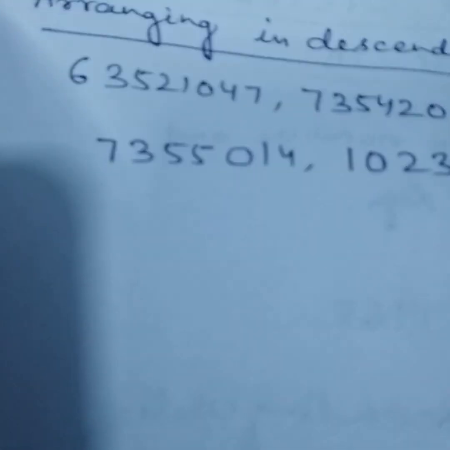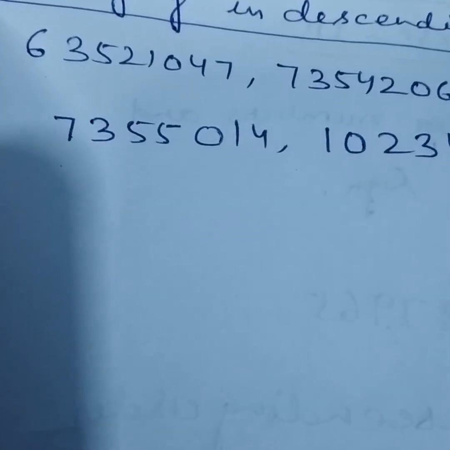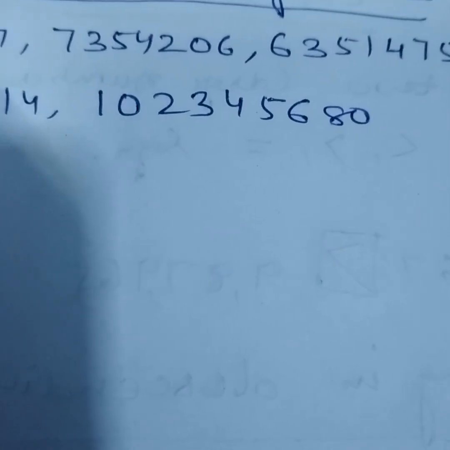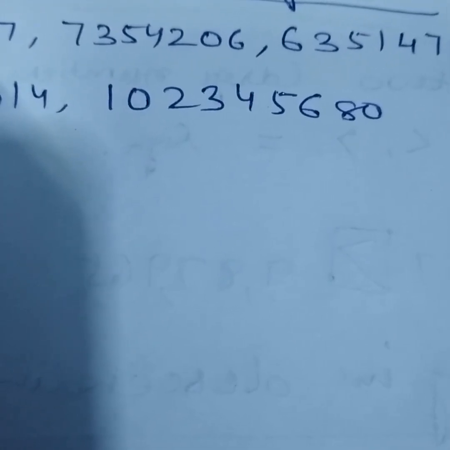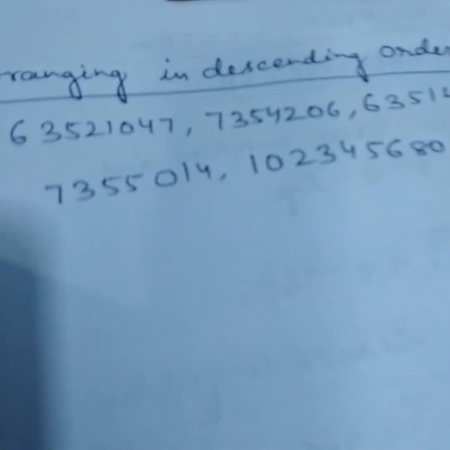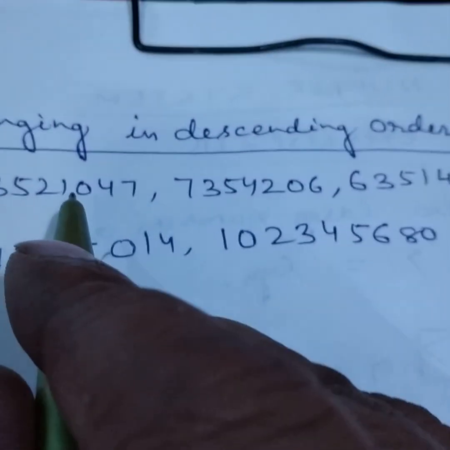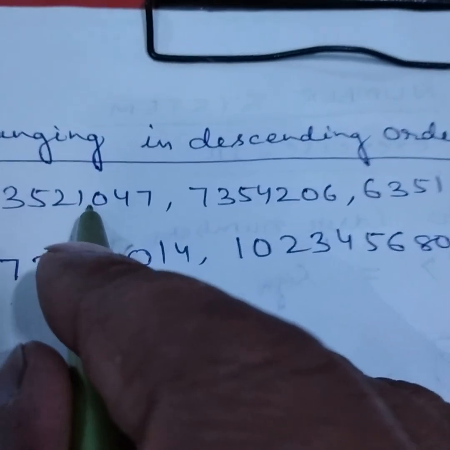The fourth number is 7355014 and the fifth one is 10234560. Now children, we will arrange them into Indian place value, by which we will understand which one is greater and which one is smaller.